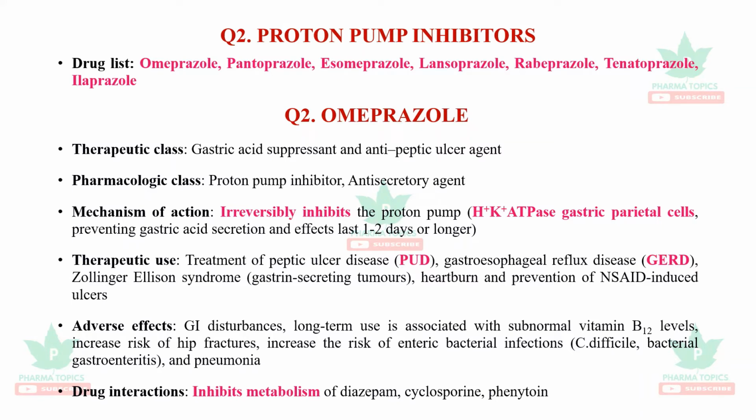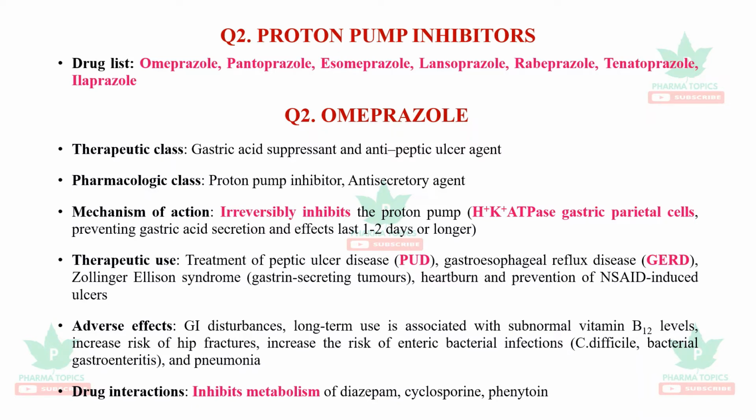Basically, the omeprazole or other proton pump inhibitors, they are gastric acid suppressants and anti-peptic ulcer agents, anti-secretory agents. Mechanism: they irreversibly inhibit the proton pump, which is an enzyme H plus K plus ATPase present in the gastric parietal cells. They prevent the gastric acid secretion and effects last for 1 to 2 days or even longer.